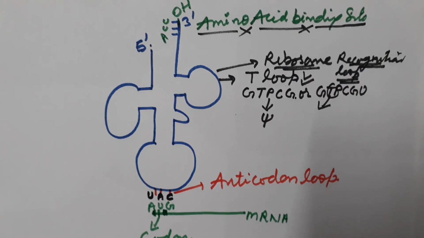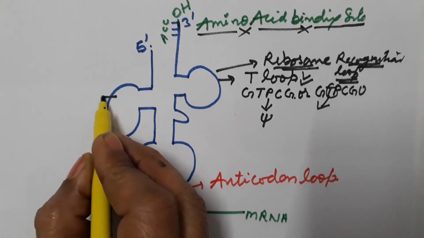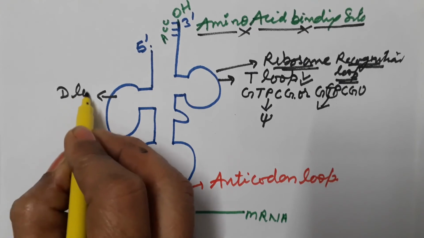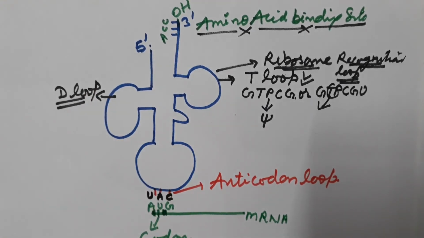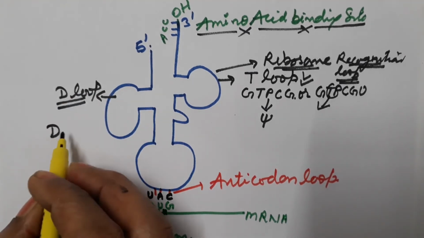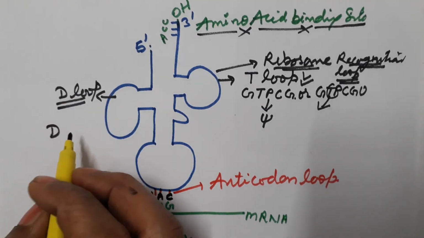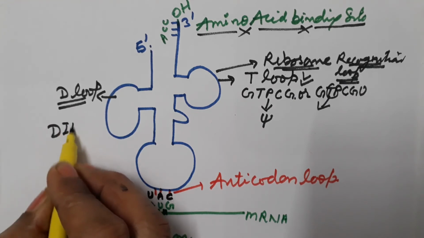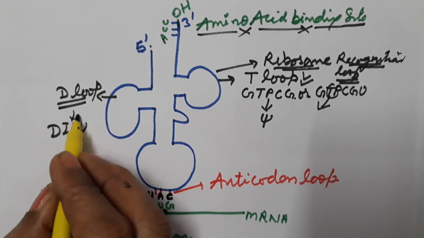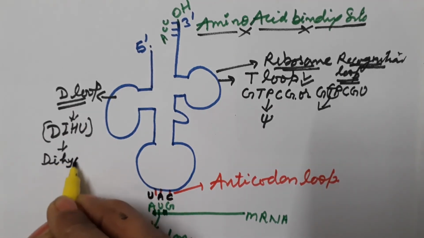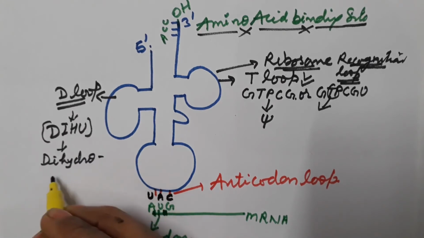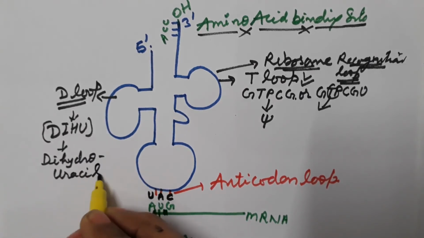Another loop which is present towards the 5' end is known as the D loop. Why is it known as the D loop? Because it consists of dihydrouracil. That is why it is known as the D loop.